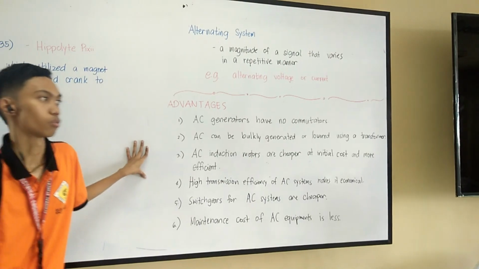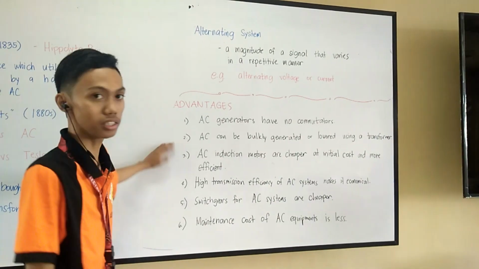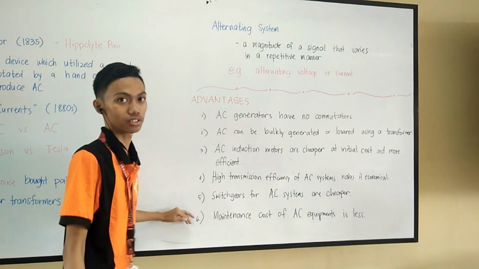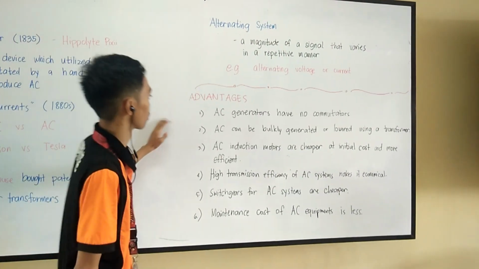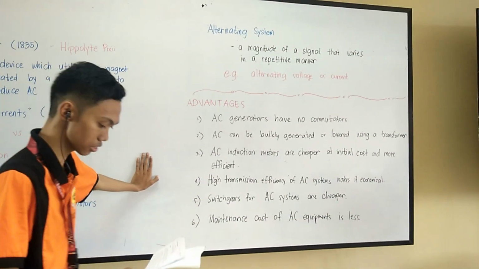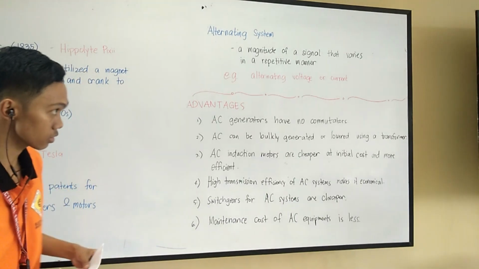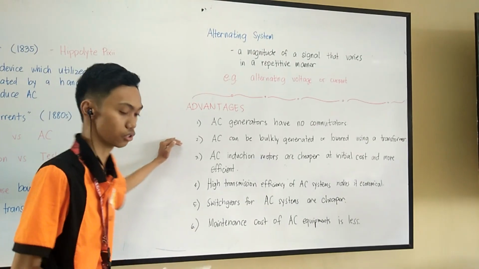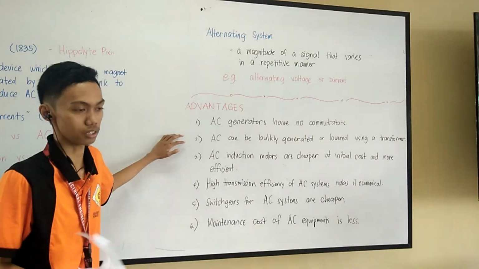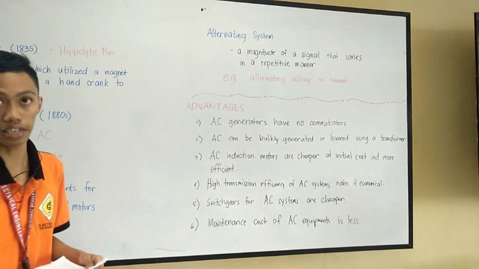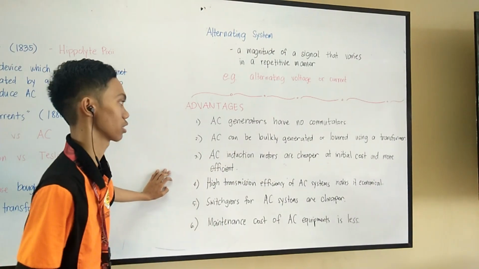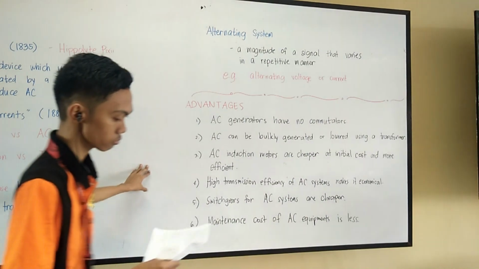Now, why did the AC system win out during the war of the currents? These are the advantages of the AC system. First, AC generators have no commutators, which means that they are cheaper and much more efficient to use. They can also develop electricity as high as 33 kilovolts, and construction and operating cost per kilowatt is low.